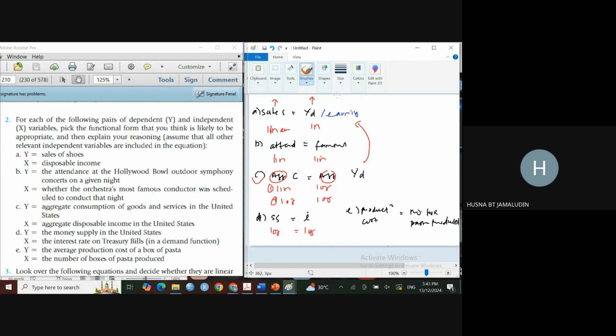When you talk about the cost, what happened? Of course, when you produce a product, the more you produce, the cost will increase. But after a certain point, you have achieved the economies of scale. What happened to the cost? Decrease. It will keep decreasing, right?